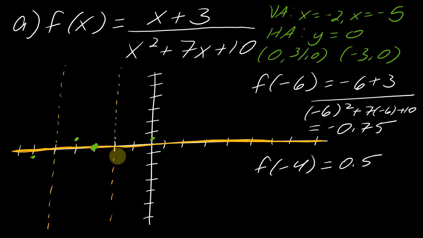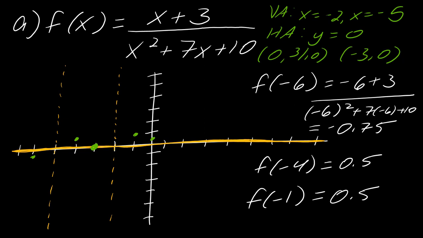And then finally, in this quadrant, I can choose -1. Maybe we'll just do -1. So if I take f of -1, that's going to give me also 0.5. So I can just plot that somewhere up here.